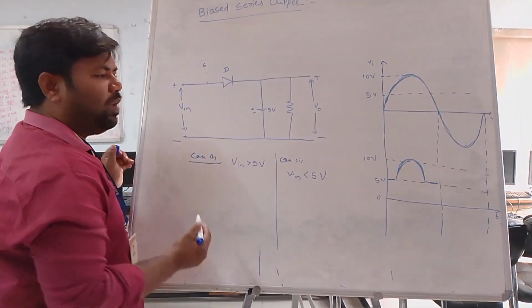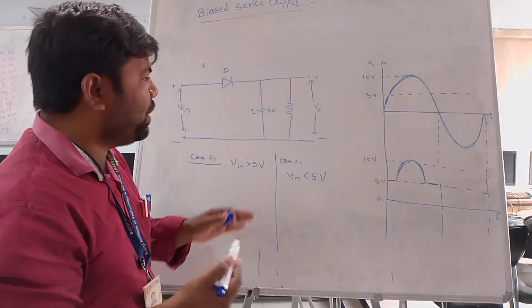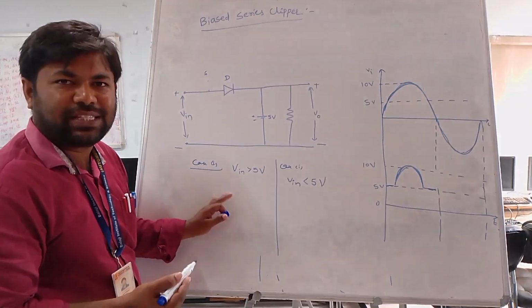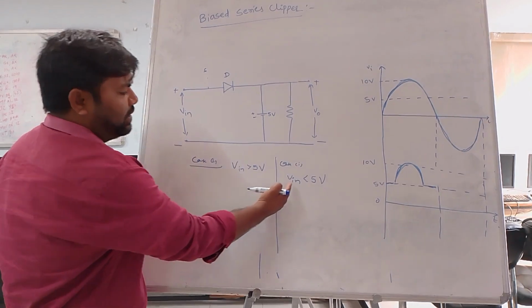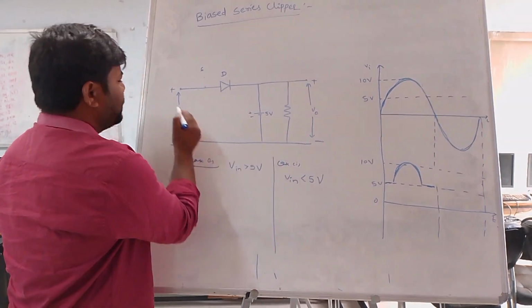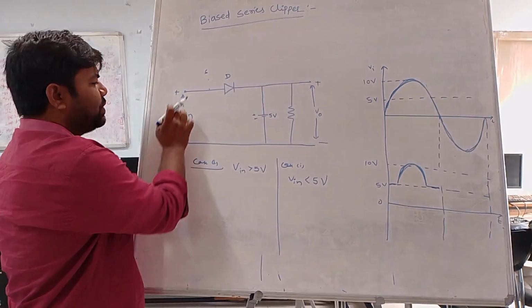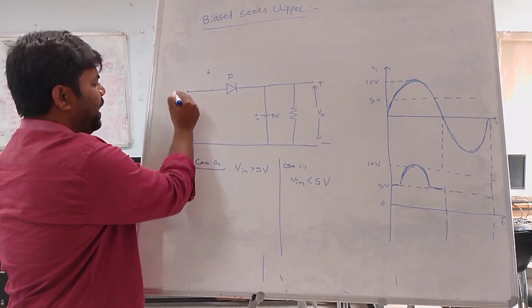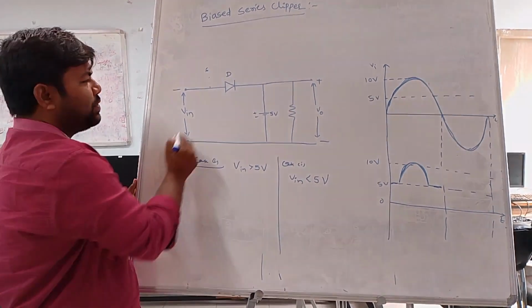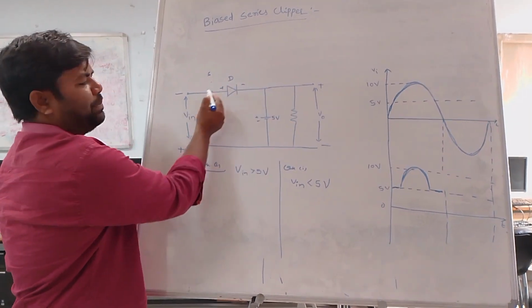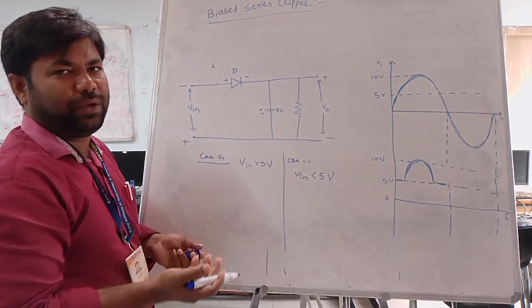Okay. So in this part, what will happen to the output of this biased series clipper? In this Vin less than 5 volts, that means negative polarities. So this one is negative and this one is positive. Again the polarity is opposite, which means this diode is open circuited.